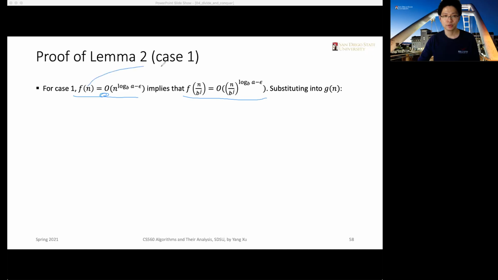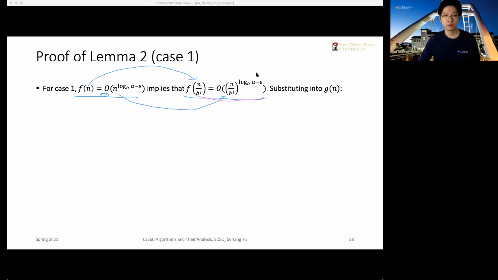We just substitute n with n over b to the power j. It's a simple replacement.